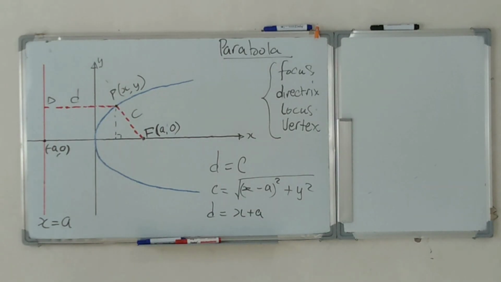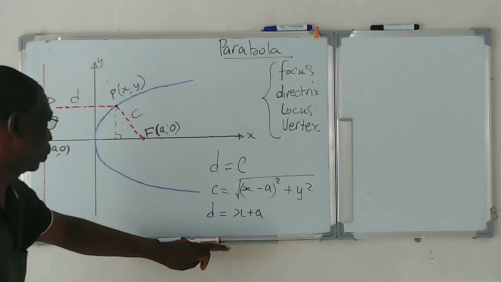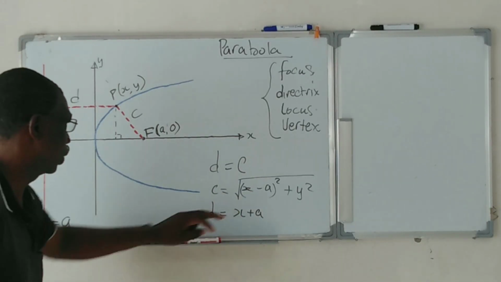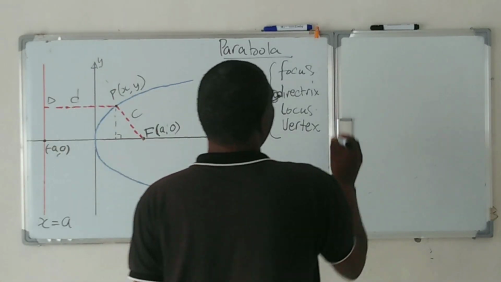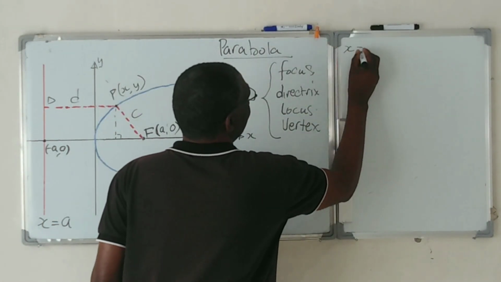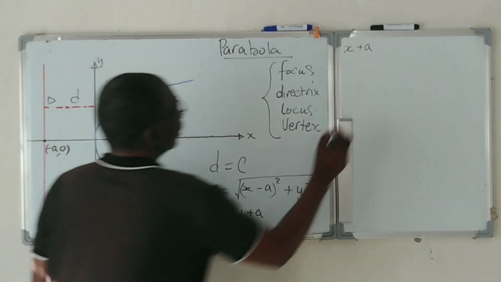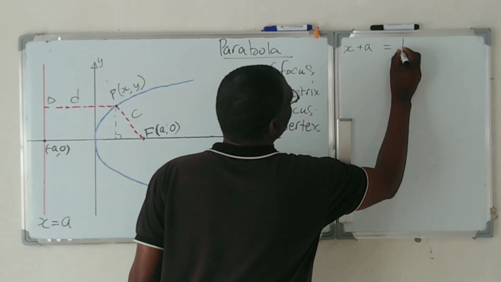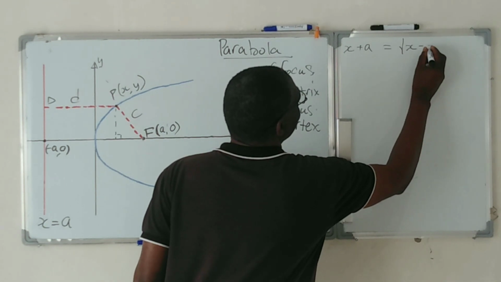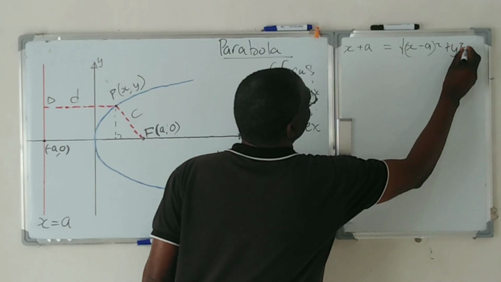Now, we are given that the distance C is equal to distance D. So we can now write x plus a is equal to the root of (x minus a) all squared plus y squared.